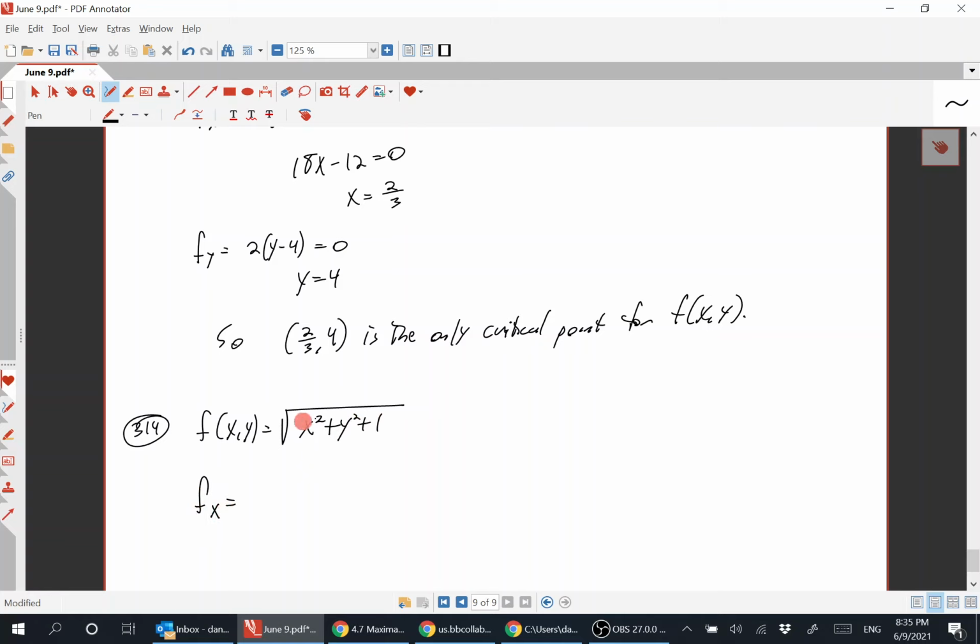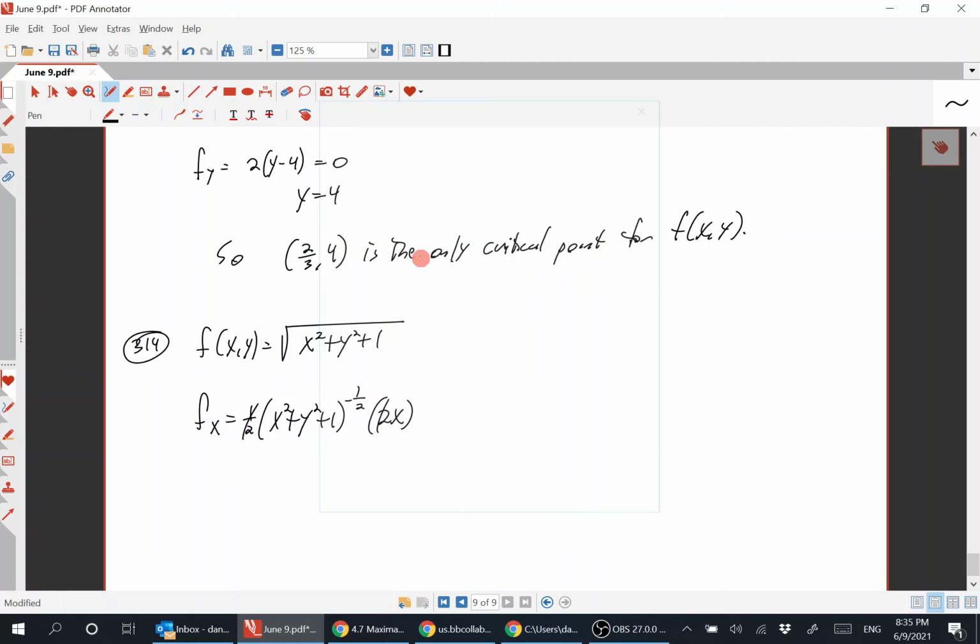Partial derivative with respect to x. So this is (x squared plus y squared plus 1) to the 1/2 power. So that's 1/2 times (x squared plus y squared plus 1) to the negative 1/2 times the derivative inside, which is 2x. So this becomes x over the square root of x squared plus y squared plus 1.